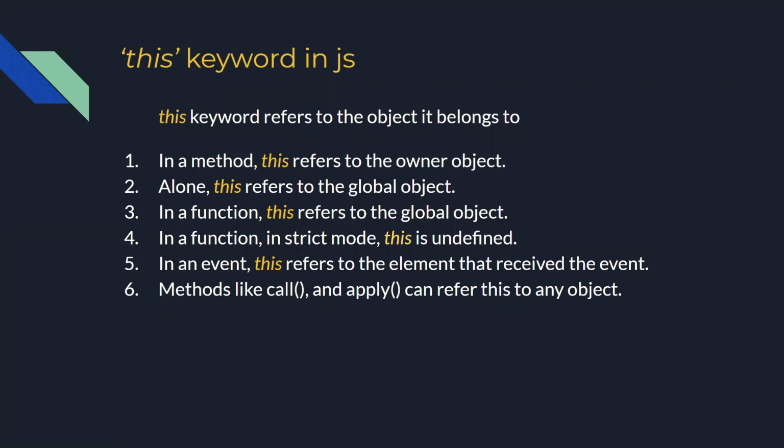And then when we have an event, this refers to the element that received the event. It means suppose you have a button, on click of the button, this means the actual button that received that event. And then we have methods like call and apply, which can refer to any object. So if you want to change the this scope of any object, we have two methods called call and apply. We'll see this in an example now.